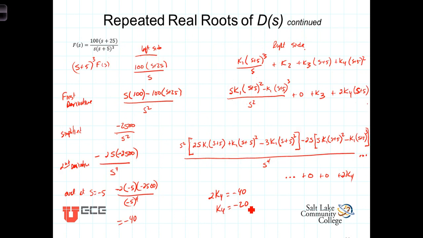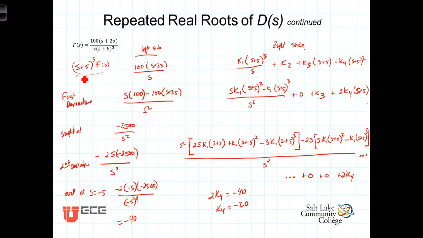So, getting k4 now becomes a little bit tricky. K3 was tricky because we differentiated one time before evaluating. To get k4, we're going to differentiate s plus 5 cubed times f of s 2 times before we evaluate.